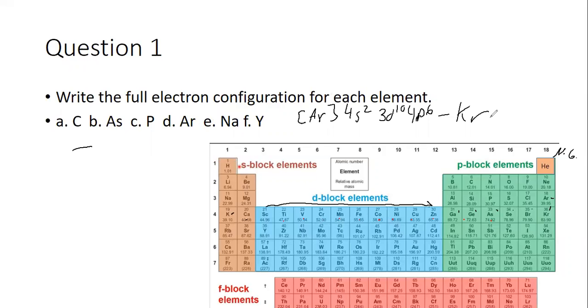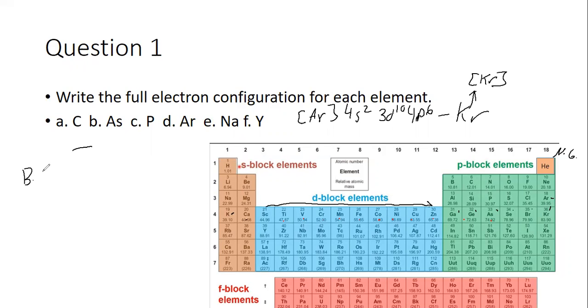What you can also do for krypton is, because it's a noble gas, you could just put krypton too. So anytime you have a noble gas or any element that follows a noble gas, you can just use shorthand and say the electron configuration is noble gas plus all this other stuff. So I'll just rewrite what we're looking at for question 2.